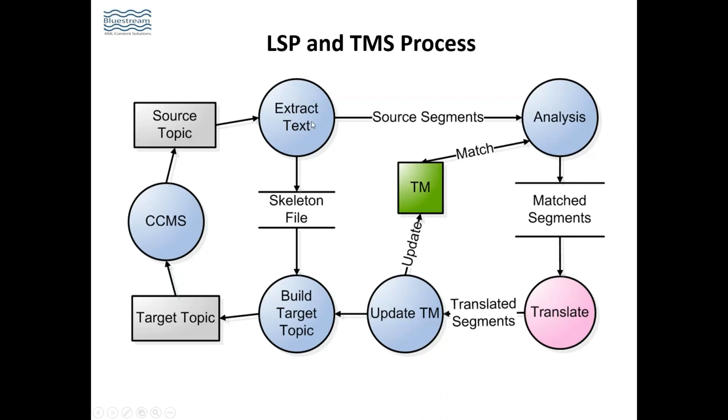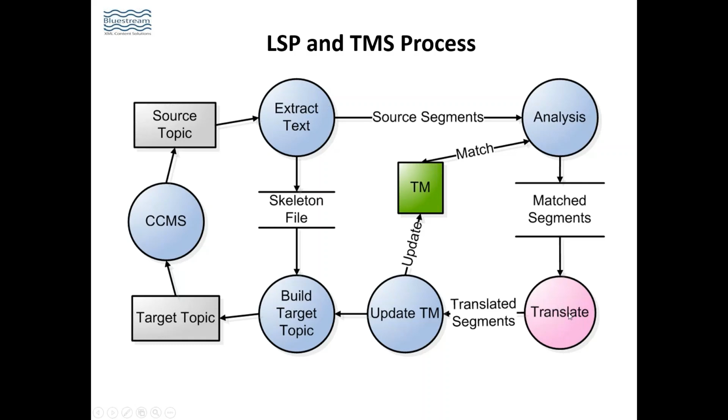Typically there will be an extract text phase where it takes your DITA topic, takes all the text out of it, turns that into source segments, and saves away this thing called the skeleton file, which is basically all the XML tags without the text in it. Then it takes those source segments and does an analysis phase. It may match to the translation memory that exists, and the analysis phase will put out the matched segments.